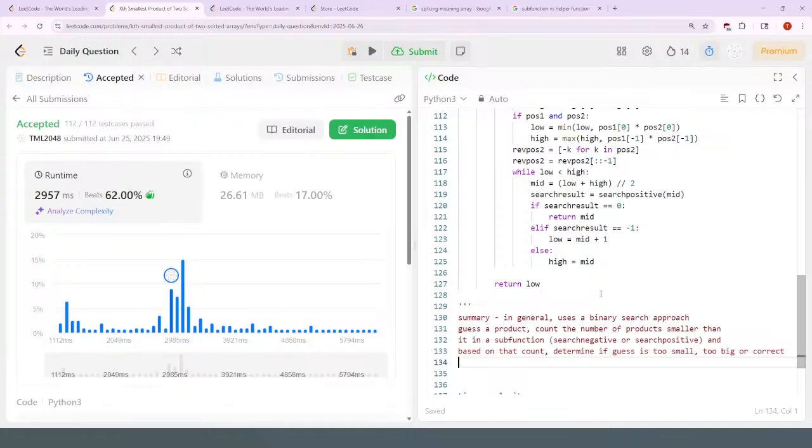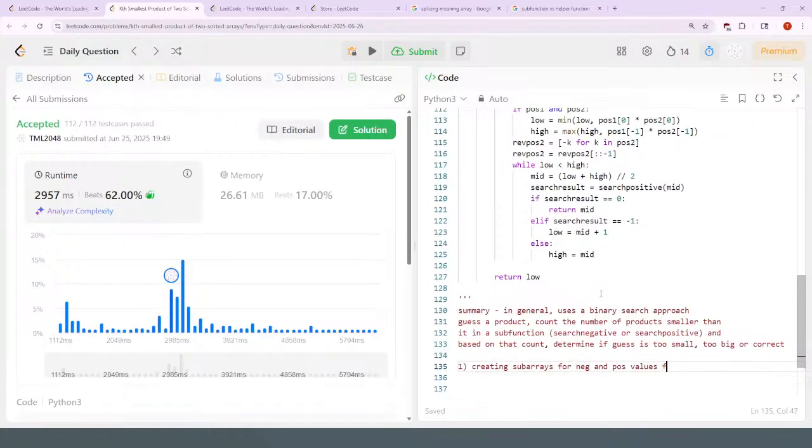So the big broad steps were: creating subarrays for negatives and positive values, for array 1 and array 2.